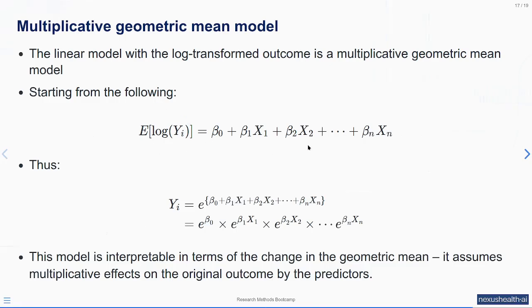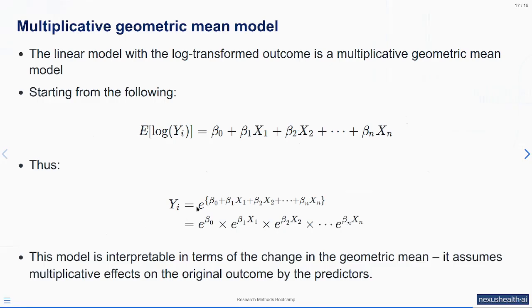Then the right side of the regression equation is similar to what we know: beta naught plus beta 1 x1, all the way to the nth variable. If you take the exponent of both sides, because this is log y on this side, and you want the actual y, you take the exponent, and of course you have to do that on both sides, and so this becomes this.